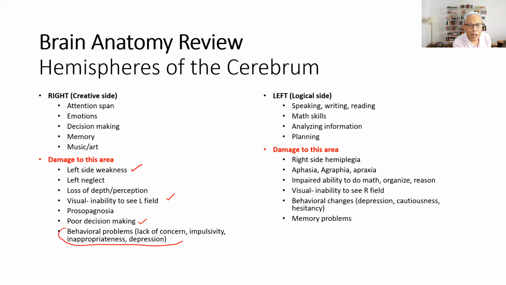The patient will have behavioral problems, impulsivity, and inappropriateness. Now, damage to the left hemisphere would cause a right-sided hemiplegia as well as aphasia, agraphia, and apraxia, visual inability to see the right field, and memory problems.